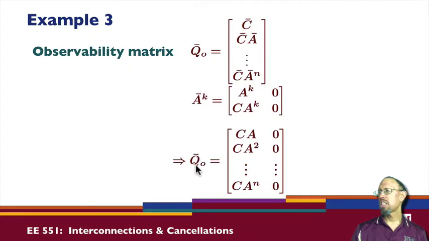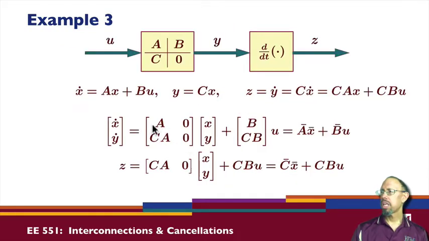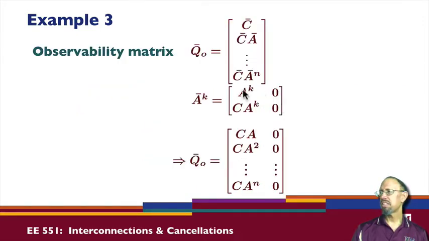And we can see that multiplying A bar by itself K times, I get this. And so I can go through and show that Q naught, the overall observability matrix, is given here, and notice I have that column of zeros.